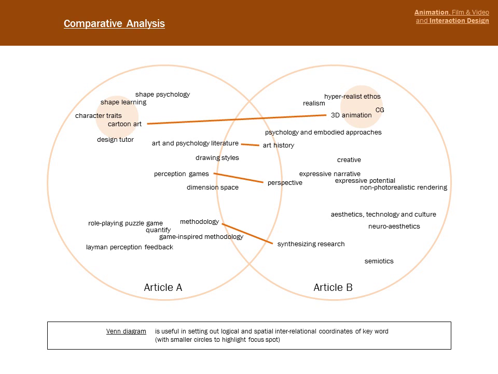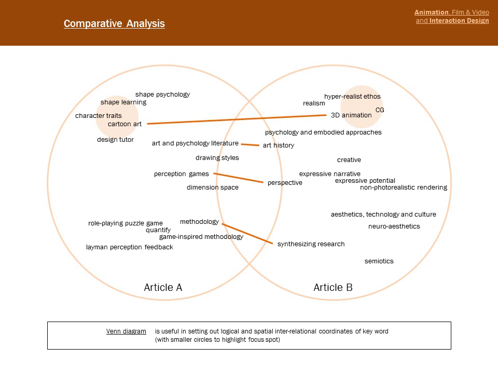You can see going into the overlap area of the Venn diagram that there's art and psychology and art history which connect. Again, perception is involved, psychology of perception and games, which involve perspective, which connects out to expressive narrative and creativity as well. So there is a slight similarity there.